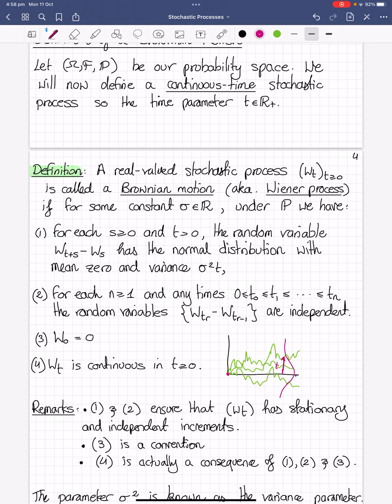It's going to be proportional to t, because we said that any increment has variance sigma squared t. So the closer to the origin you are, the more concentrated around 0 it is, and as you move further away, it gets more and more dispersed away from 0.